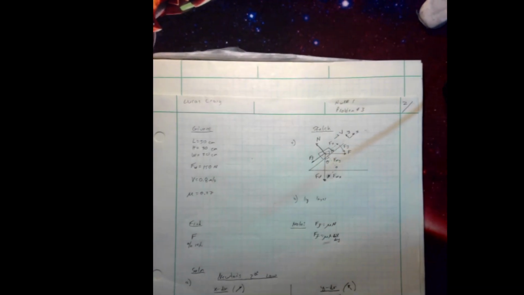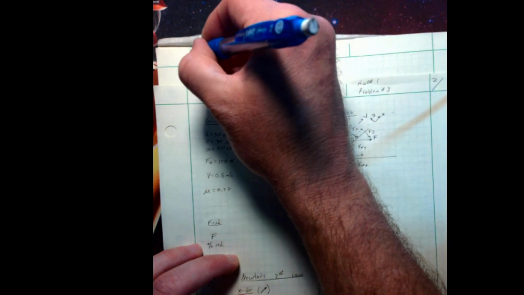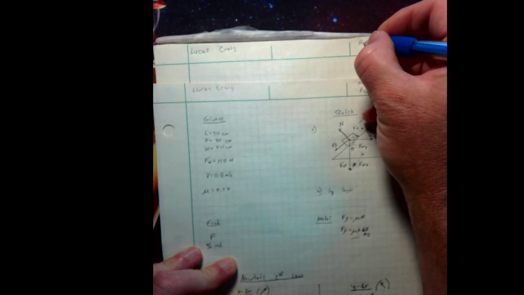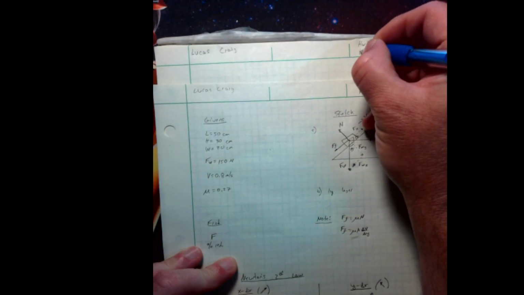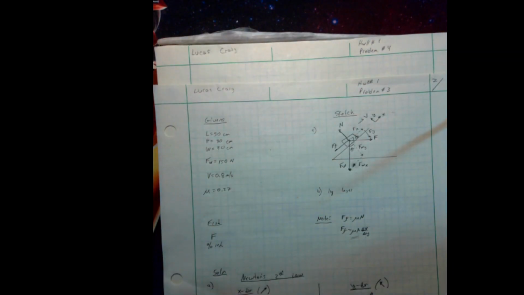Now, we're on to the last problem, problem 4. So, I'll zoom back in a little to see better. Again, put your name and then homework number 1. This is problem number 4.